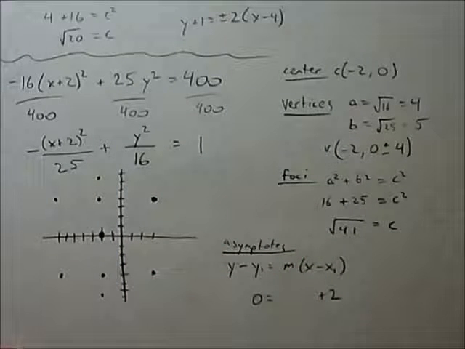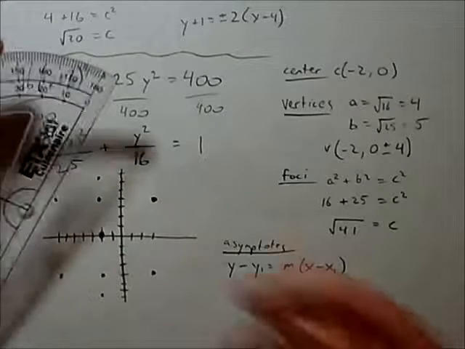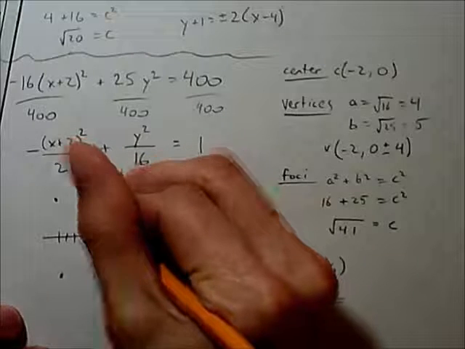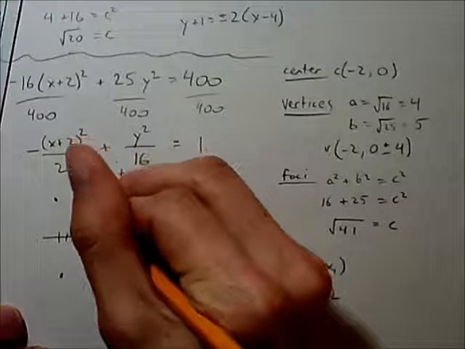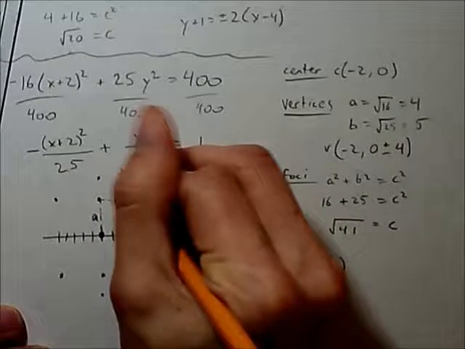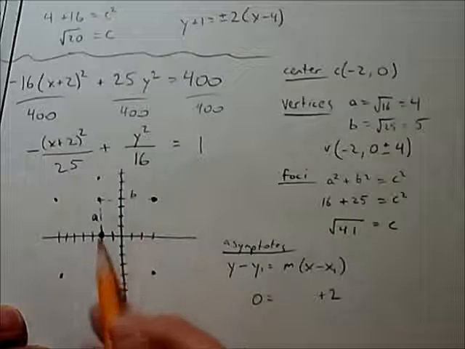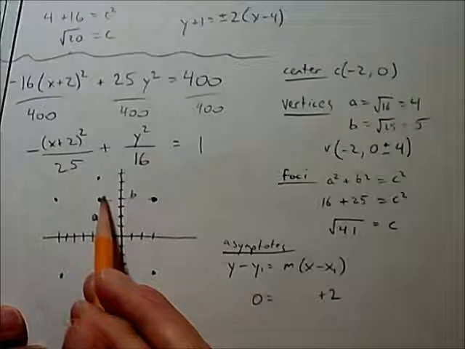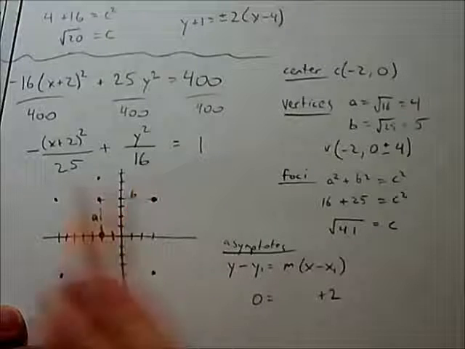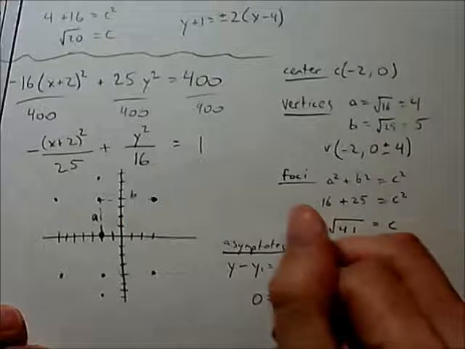Okay? So here we have this. And actually I'm going to go ahead and put in, there's my a. That's the major axis, and then b is the value we use to count over. So our slope is going to be rise a over b run. So 4 over 5. And it's going to be plus or minus.